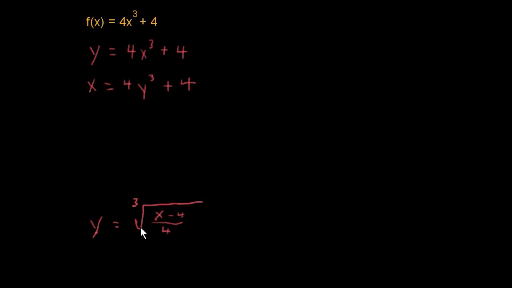All of this should be underneath this radical. If you got that, very good. Move on to the next step. If not, let's go through and see if we can come up with this.